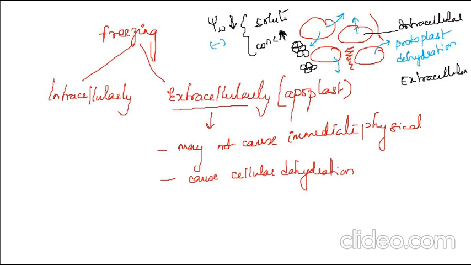One more thing: when ice is formed in the intracellular region, it has an adverse effect on the plant. We will see in a few slides that it has a lethal effect on the plants.